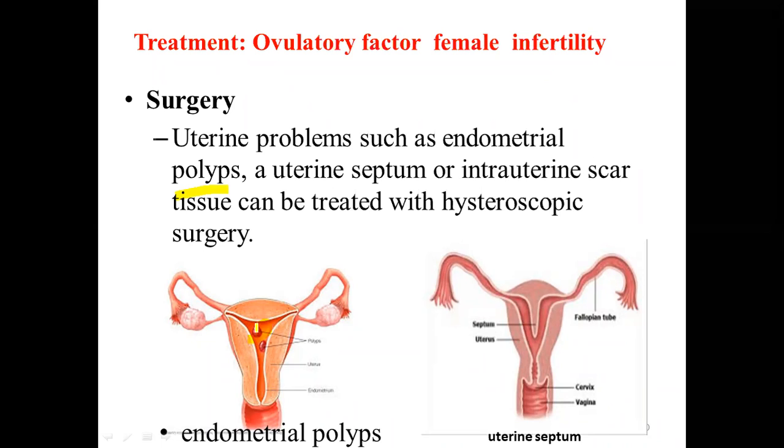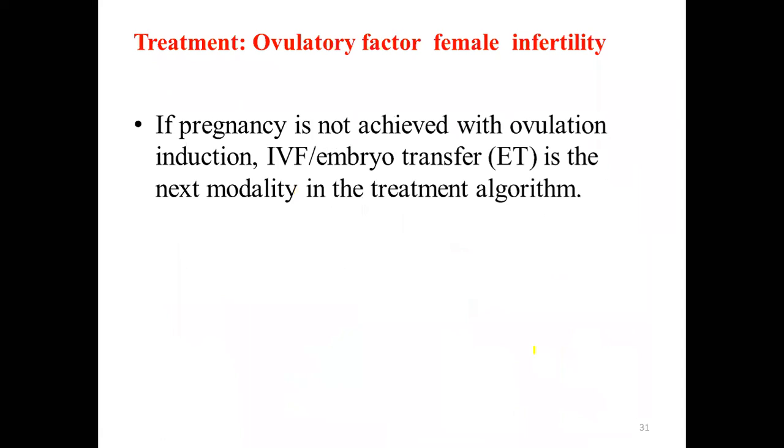Then any uterine septum, like any congenital anomaly that can divide the uterus at the midline, can interfere with implantation as well as the possible transport of the sperm to the fallopian tube. In that condition, the gynecologist will do surgical resection of the tumor, and that is how you are going to restore or treat fertility.